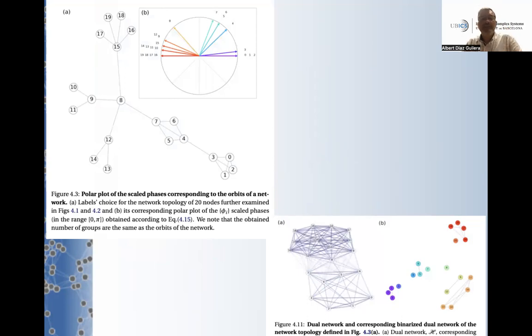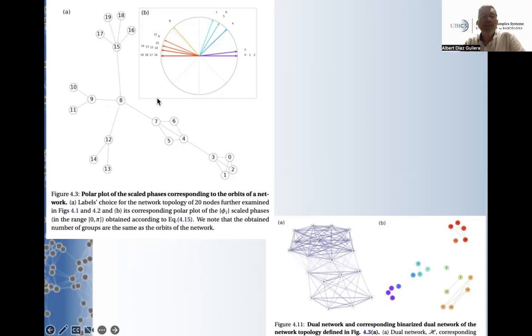We have a network like this, which has some sets of nodes that are symmetric, and what we introduce is a procedure to identify symmetries or quasi-symmetries in a network according to their response to this type of Kuramoto model with some frustration parameter.